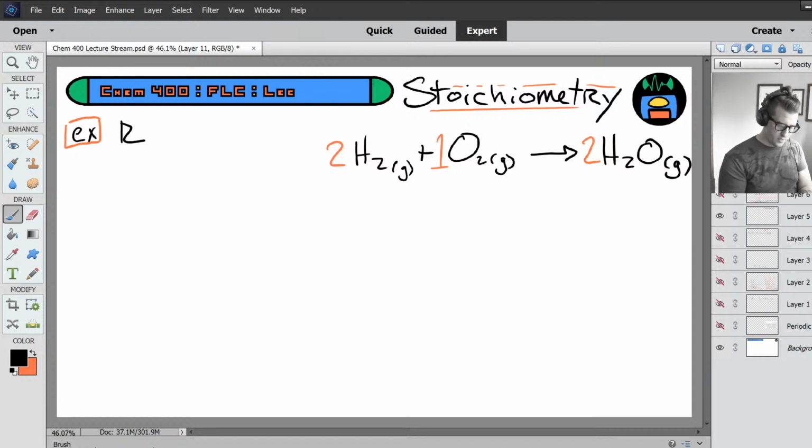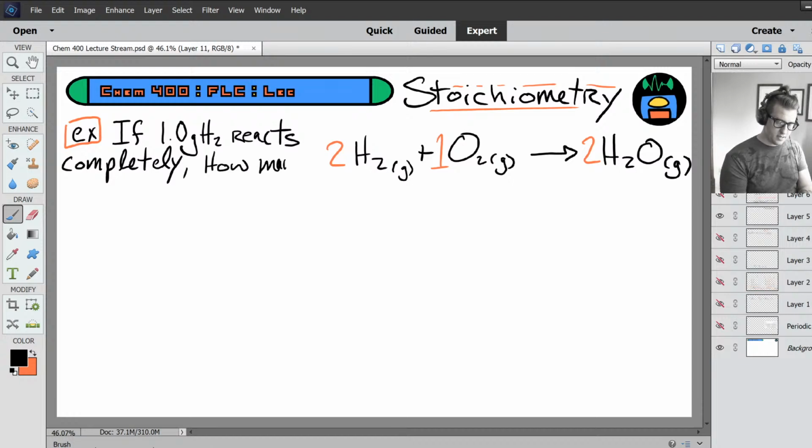If 1.0 grams of hydrogen reacts completely, how many grams of water are produced?